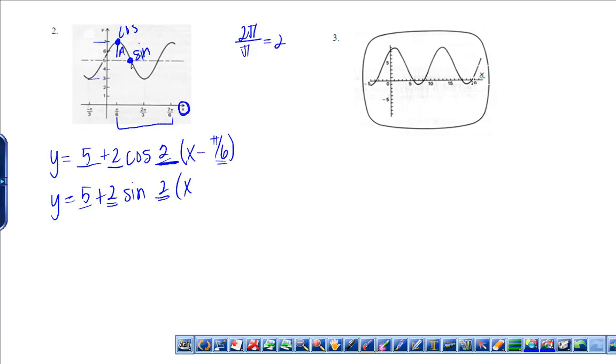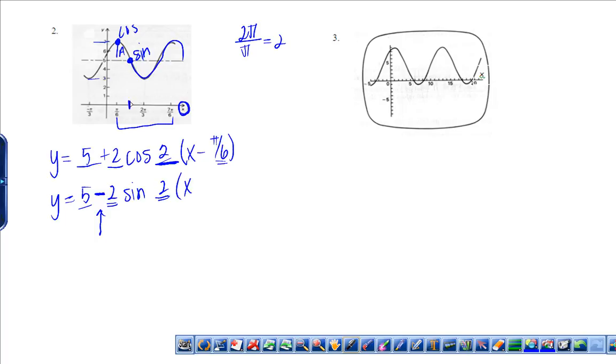Now if you notice, this sine is going down first and then up. So what does change here is this number right here. So I'm going to have to change my sine before my amplitude, because where I started my sine function is going to go down, so this is going to have to be a minus.